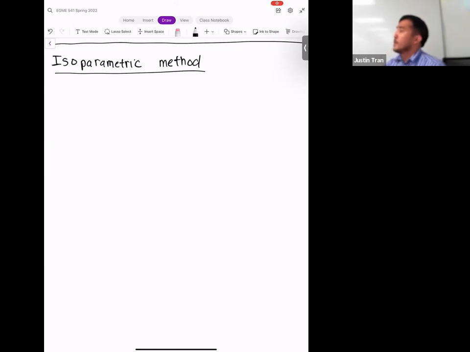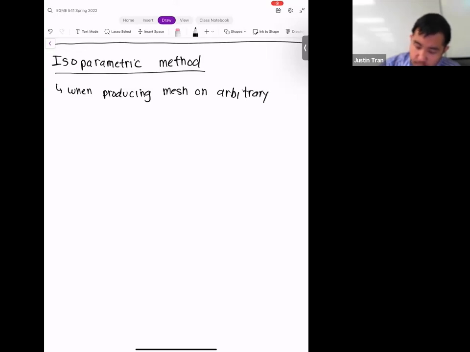Just like we motivated before, when you have a generic CAD model, a generic CAD file, and you load that into something like ANSYS, a big step is producing a mesh on that structure. When you produce this mesh on an arbitrary CAD model, you end up with a lot of elements that are arbitrarily orientated.